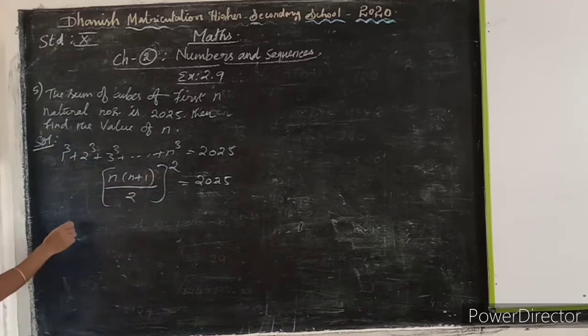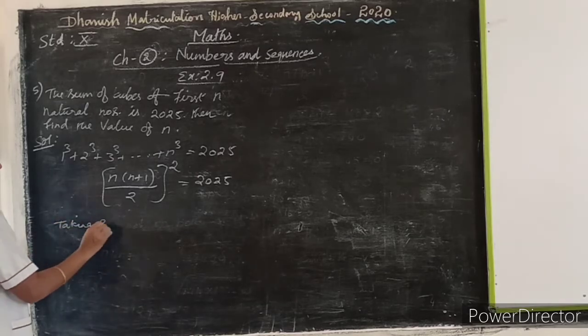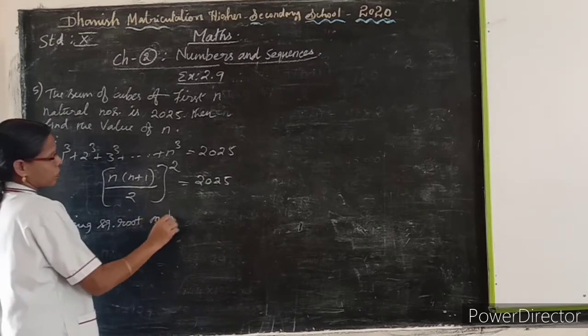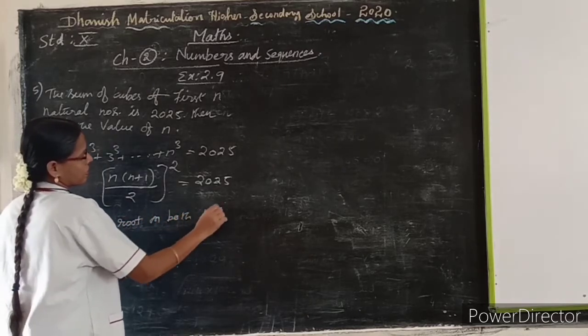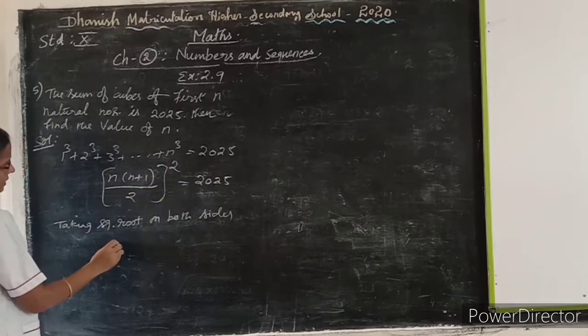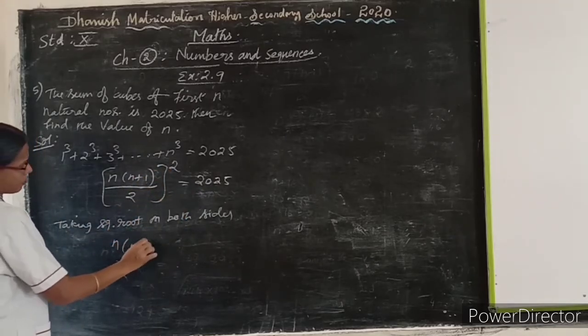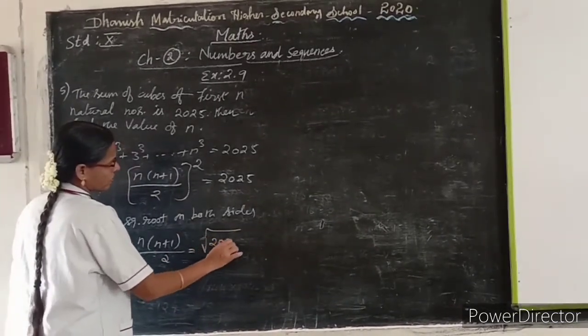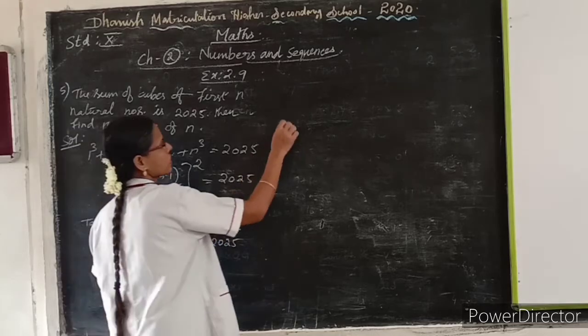Now, how to find n? Taking square root on both sides, this square we cancel. LHS is n into (n plus 1) by 2, equal to root of 2025. What is the square root of 2025?